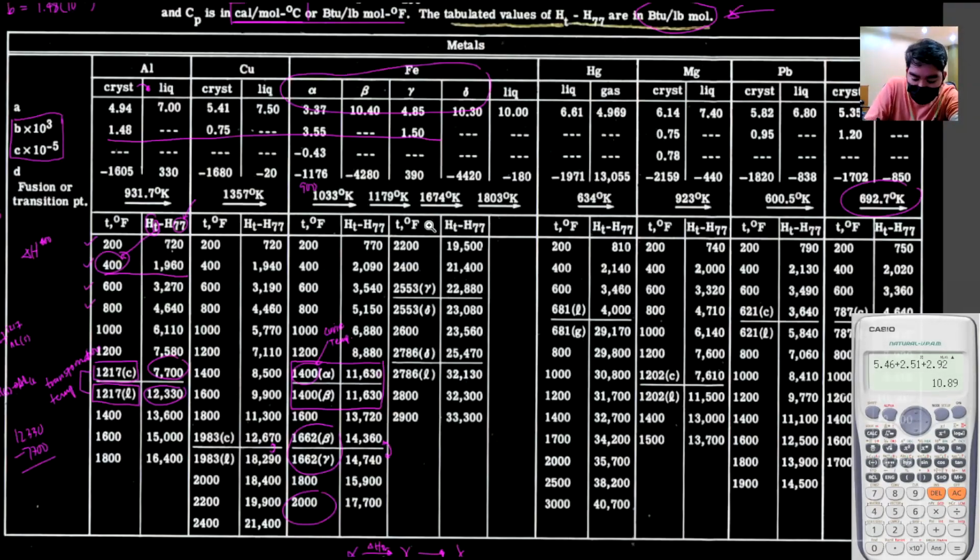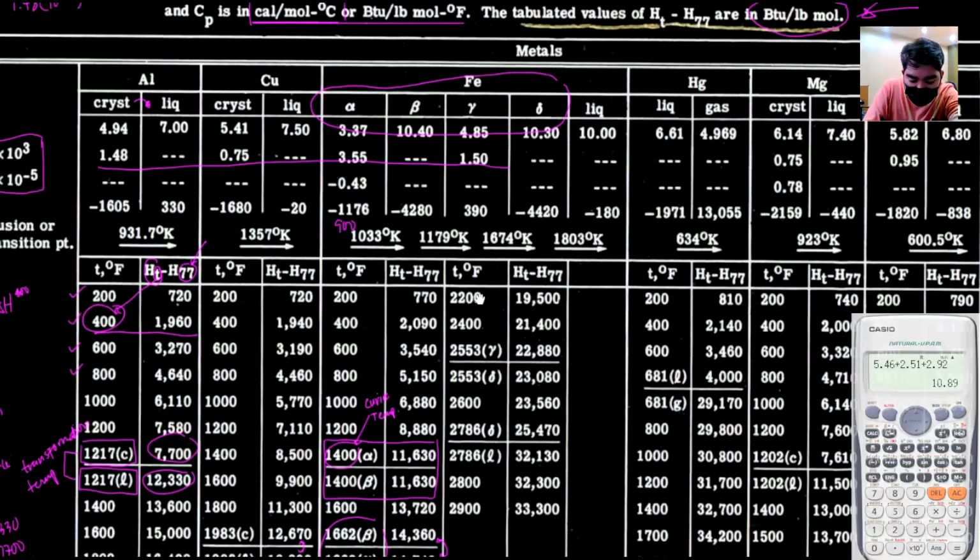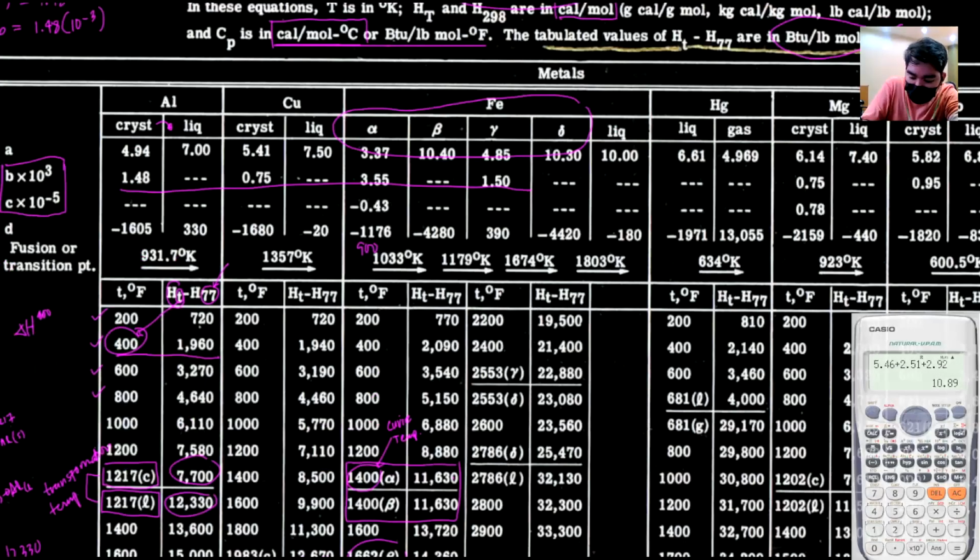Again, nasa 900 down. CP values is this one. Di ba? So that's 3.37, tapos 3.55 times 10 to the negative 3, tapos 0.43 times 10 to the 5.